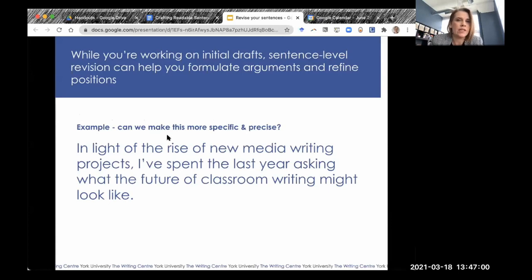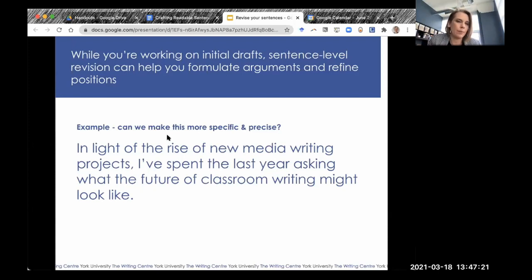In the earlier drafting stages, you're revising your sentences in order to be more precise in the language that you're using, in order to try to figure out what exactly your topic is, your very focused topic, what the key words are that you're using, you're refining your positions, and you're formulating that thesis statement.